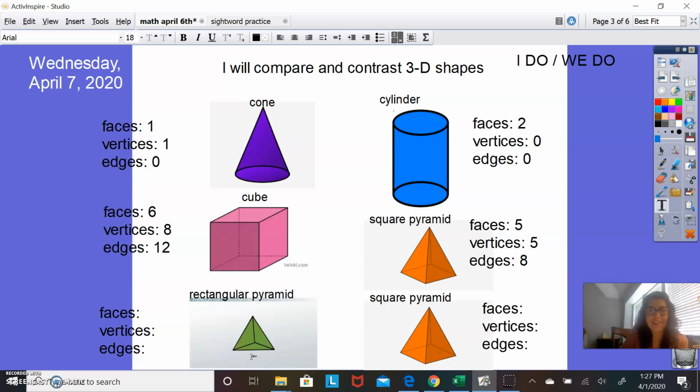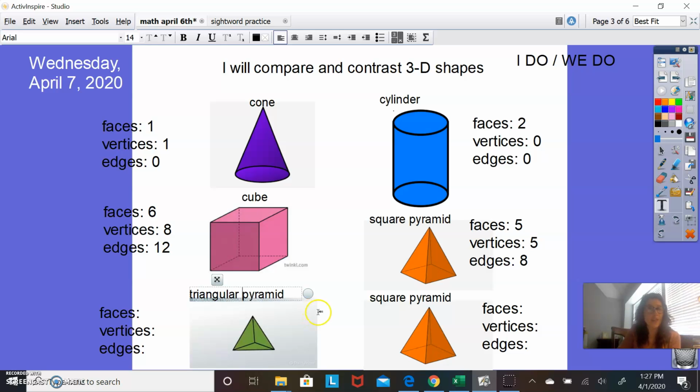I bet you can. If you said that this is a rectangular pyramid because it has a rectangular, I'm sorry. I'm going to go back and fix that. That's not a rectangular pyramid, is it? The shape on the base is a triangle. It's a triangular pyramid.